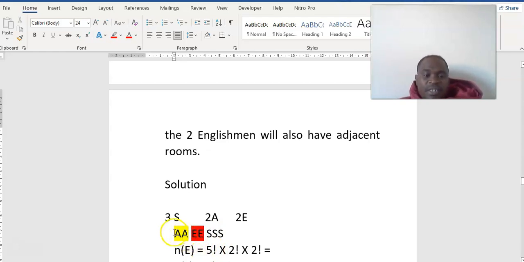This A may come first and this will come second, or this may come first and this will come second. So what is it? 2 factorial. The simplest way to remember is 2 factorial. 1, 2. The same thing can happen to this one. So this is also 2 factorial. How do you press 2 factorial on the calculator?